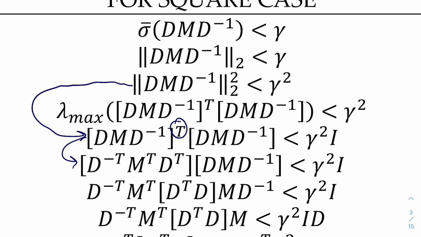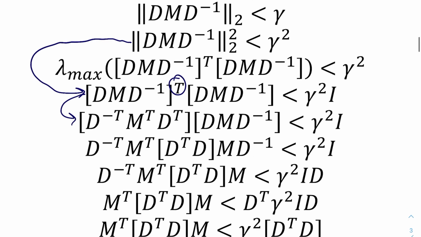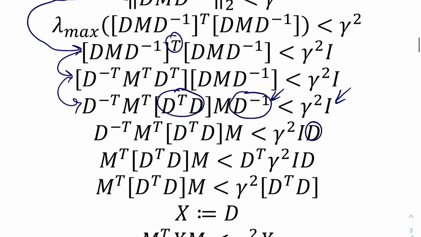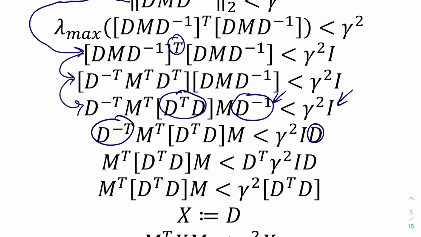Just distribute that transpose term. Nothing changed. Now just group the d transpose d term. Again, we haven't changed anything. Then focus on this d inverse term and post-multiply both sides of the equation by d, and do the same thing to that d inverse transpose: pre-multiply both sides of the equation by d transpose.